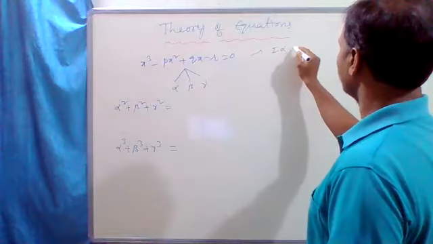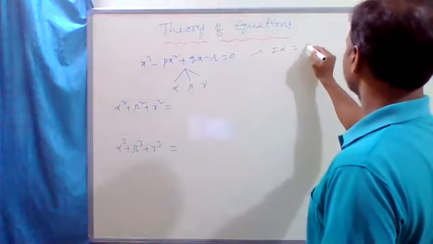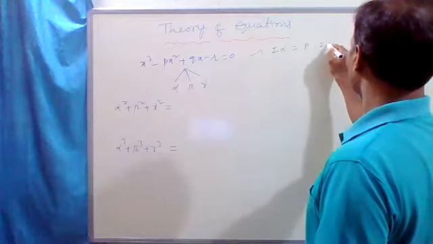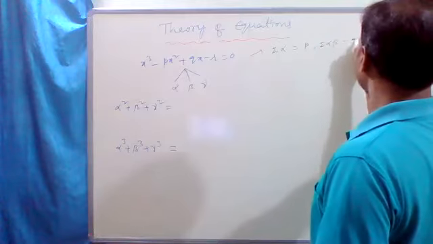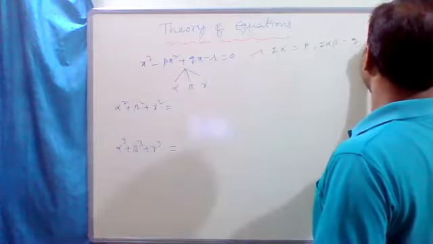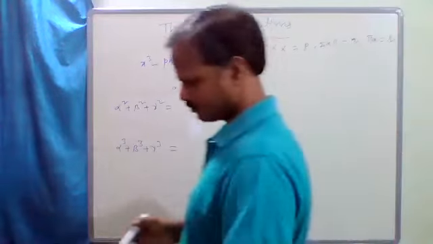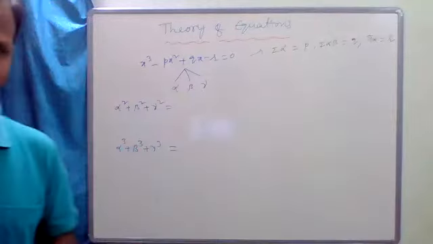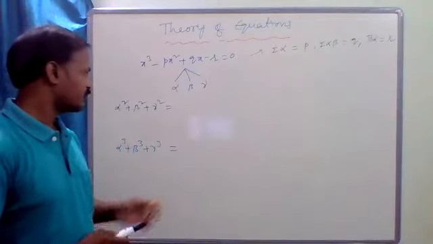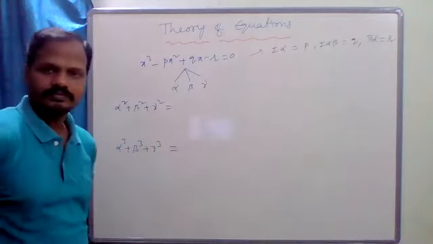So sigma alpha equal to p, sigma alpha beta equal to q, pi alpha equal to r. So let me know the answer, this one and this one.